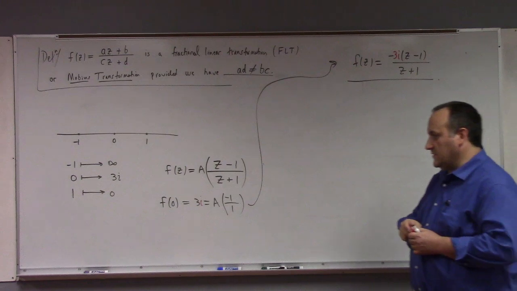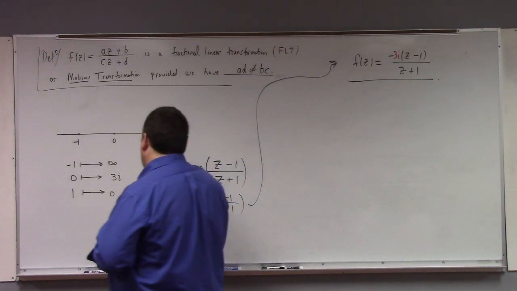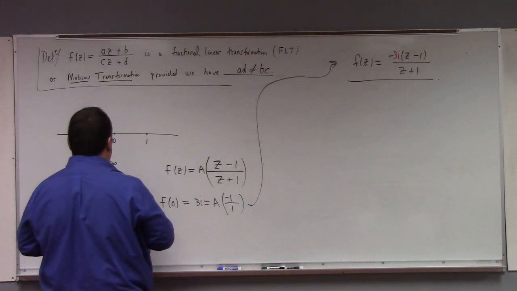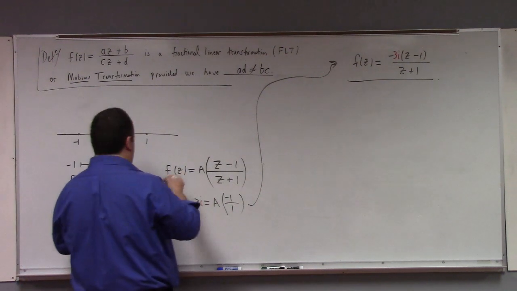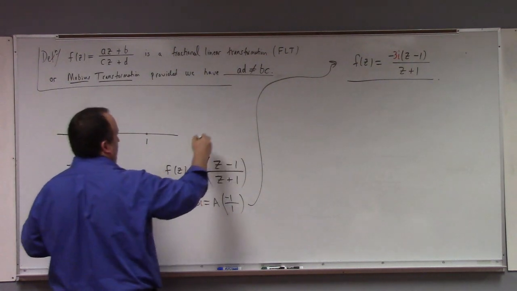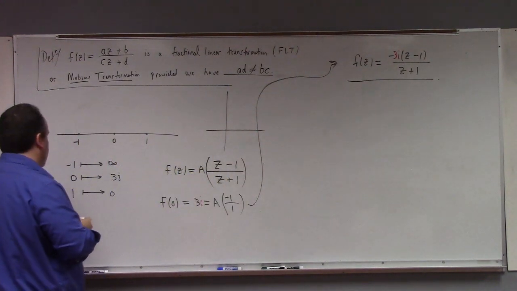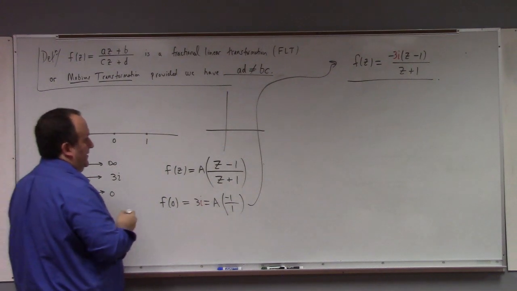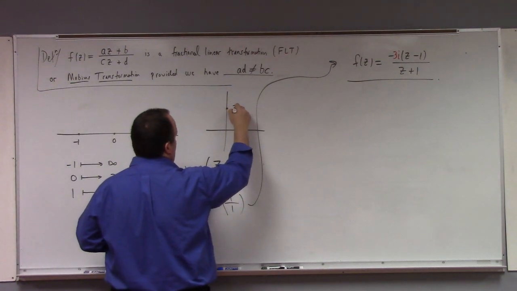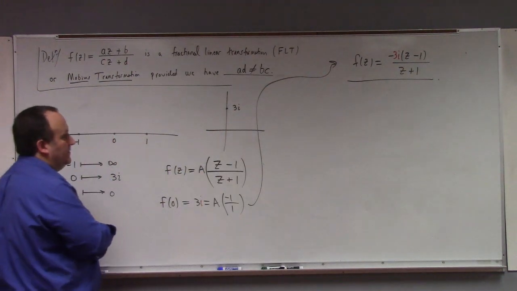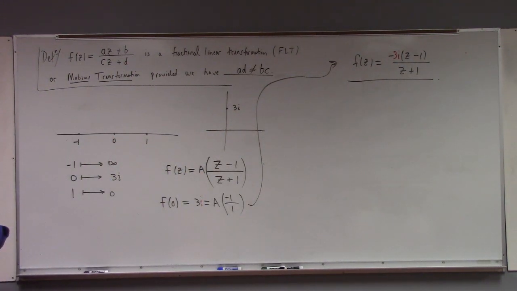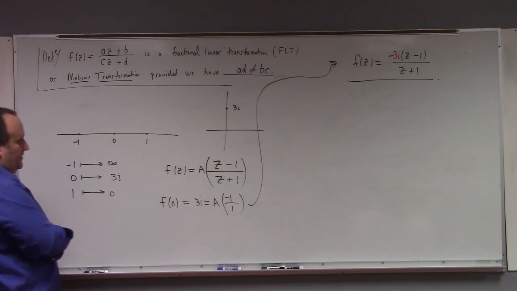That makes it a little bit more interesting, though, because if I was going to graph over here where it maps to, 0 maps to 3i, right? And what else happens here? -1 goes to infinity, great. And 1 goes to 0.